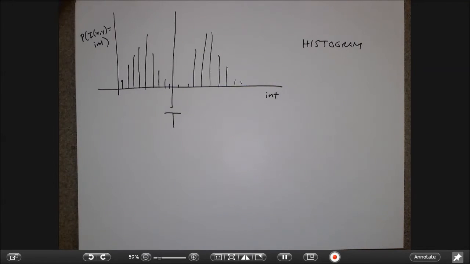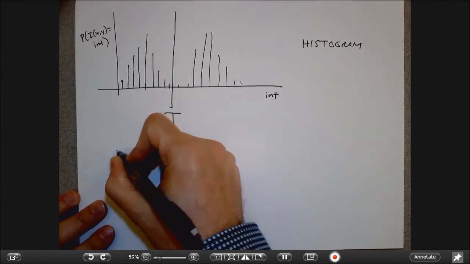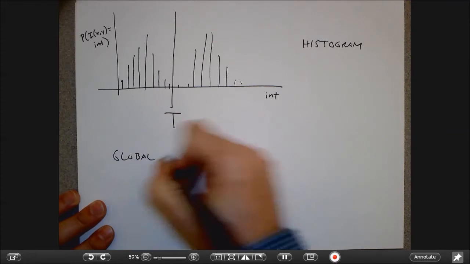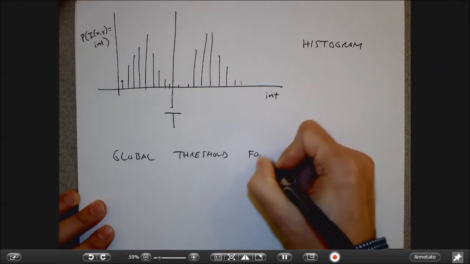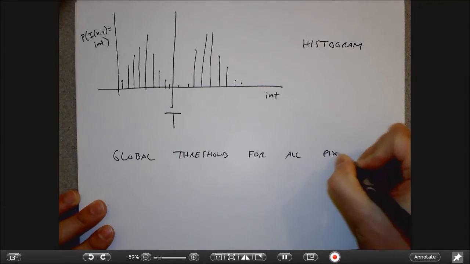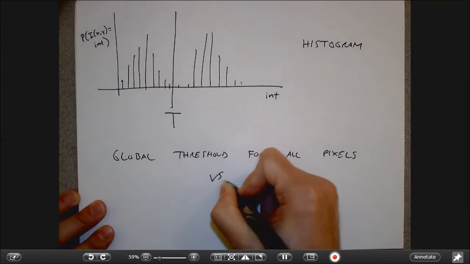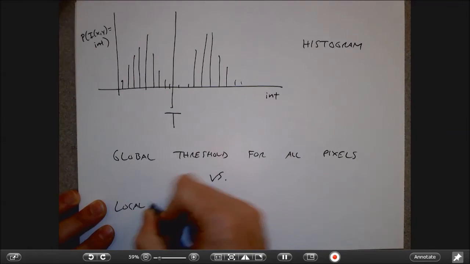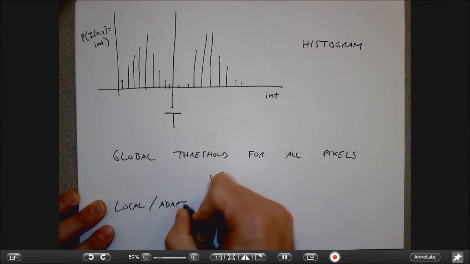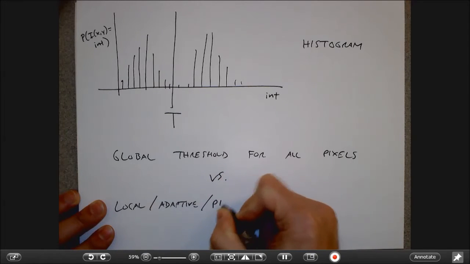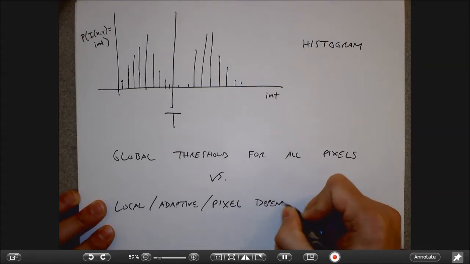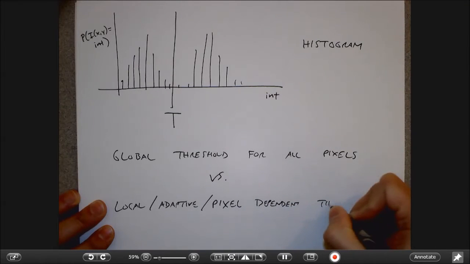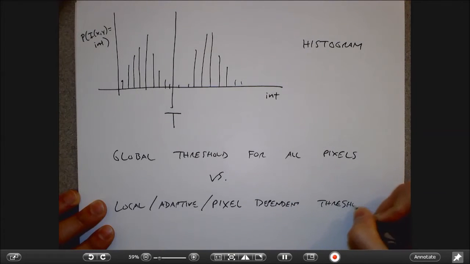So basically, we have a choice between a global threshold for all pixels versus what I would call a local or an adaptive or a pixel-dependent threshold. So we're going to talk about both of those things today.